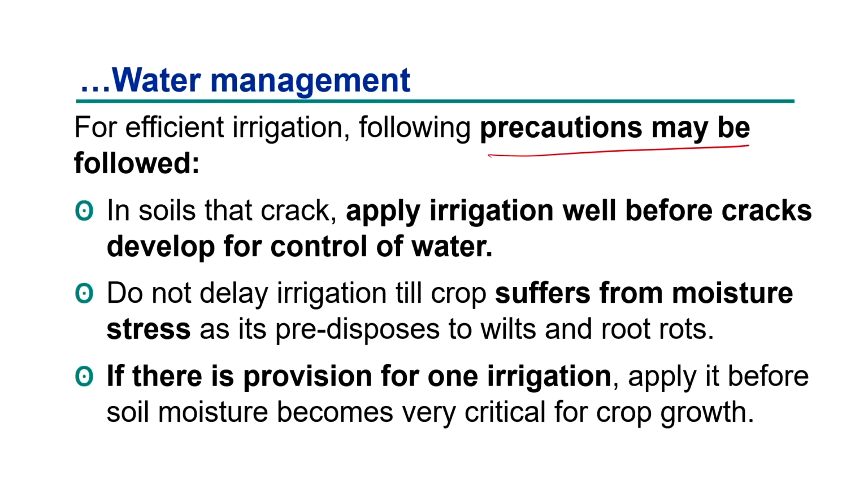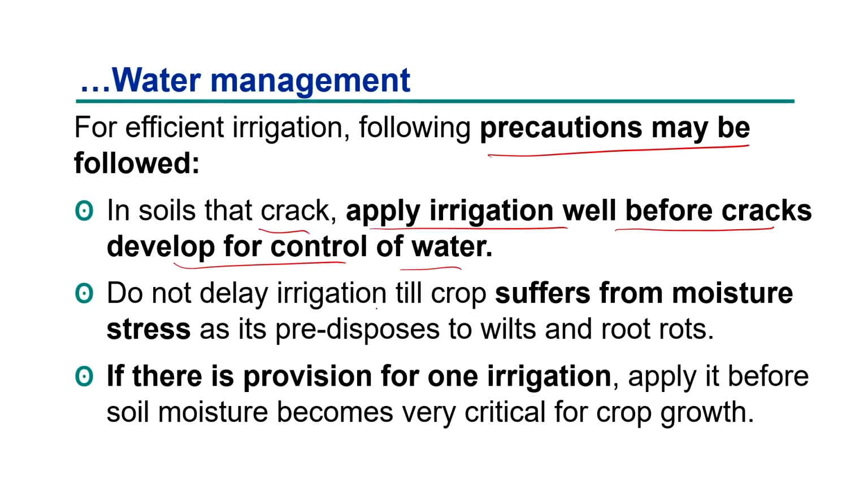In soils that crack, particularly black cotton soils, apply irrigation well before the cracks develop for control of water. So in this case, the better water management would be that farmers should not allow cracks to develop in the soil, and irrigation can be given just before the cracks are about to start.